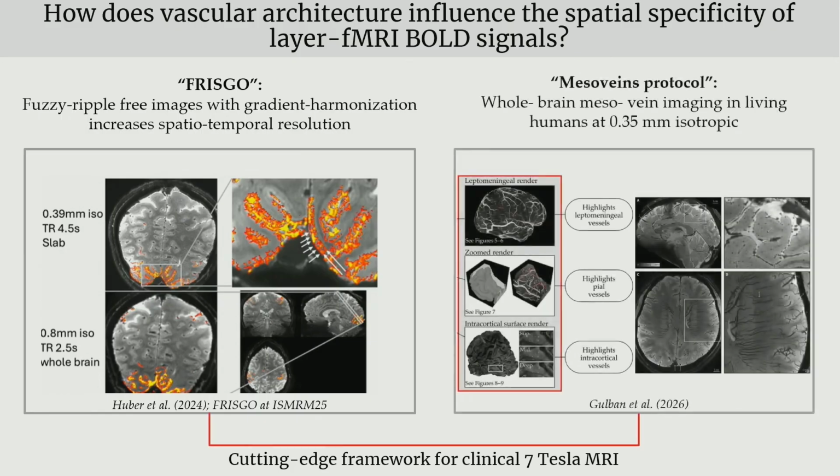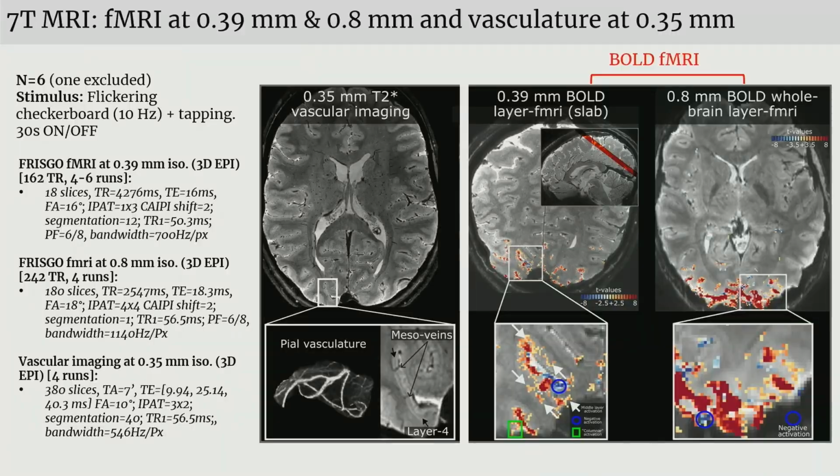For the vascular imaging, we are also basing ourselves on the MesoVein protocols, which I refer to later in this presentation with this naming, which was also recently published early this year by one of our collaborators, Faruk Urban, which allows you to provide whole brain MesoVein mapping at 0.35 millimeter isotropic in under 7 minutes. And both approaches have been developed on a clinical 7 Tesla MRI scanner.